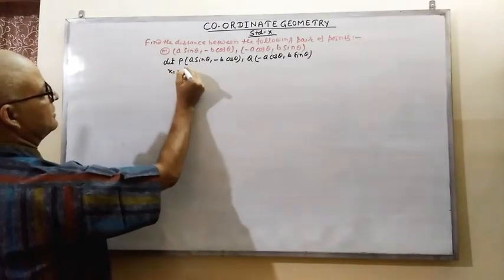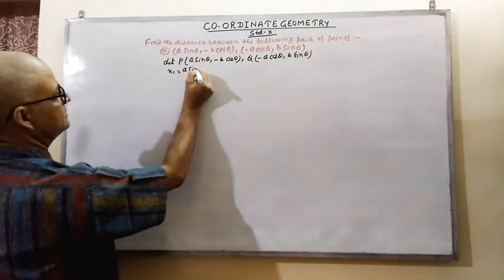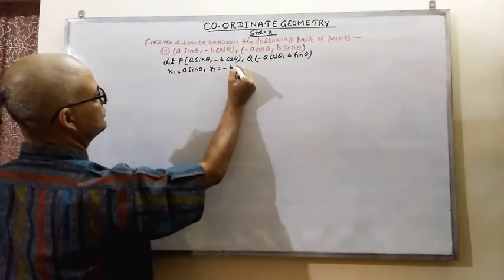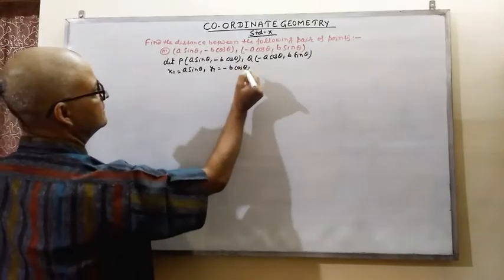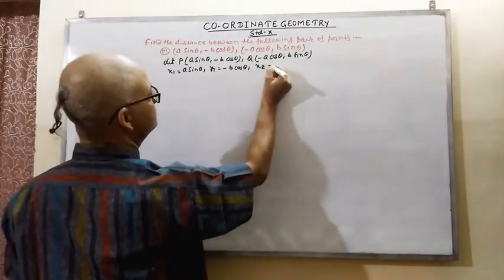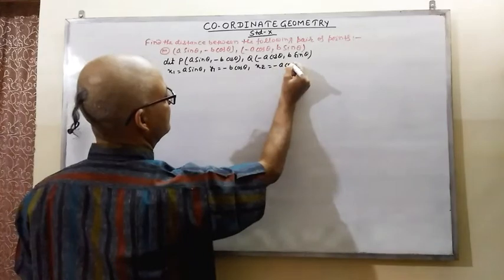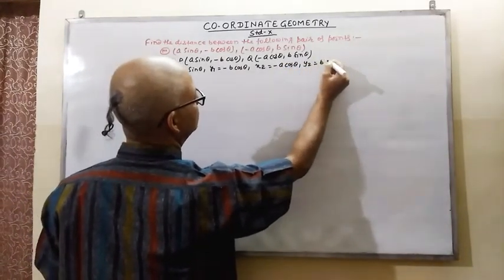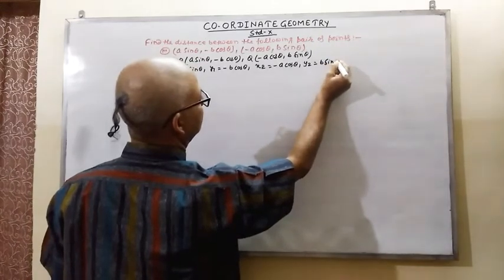Now x1 is equal to a sin theta, y1 is equal to minus b cos theta, x2 is equal to minus a cos theta, and y2 is equal to b sin theta.